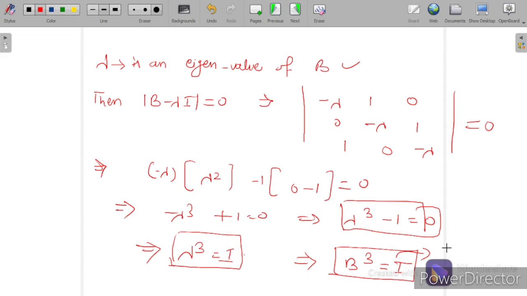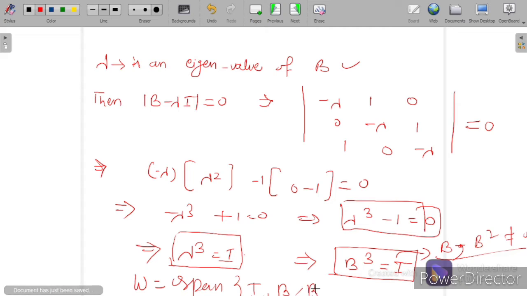From this we can conclude that B and B square are non-zero matrices, and B cube is the identity matrix. Therefore W is equal to the span of identity matrix, B and B square. You can check that this set is a linearly independent set.